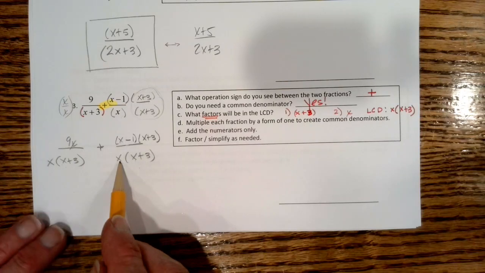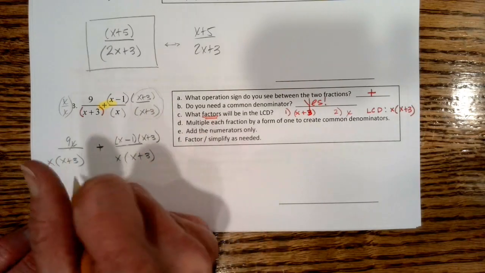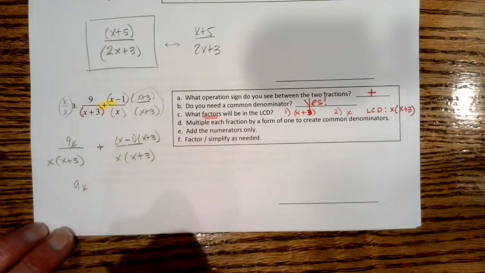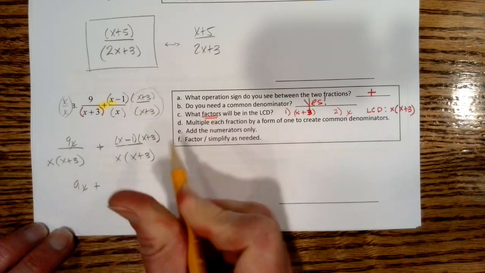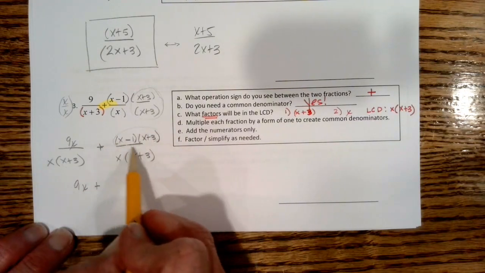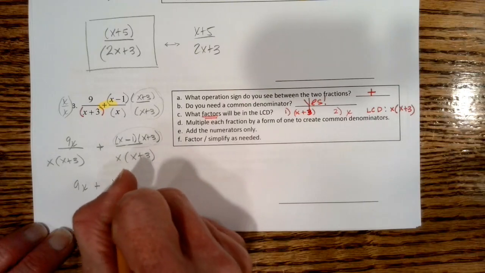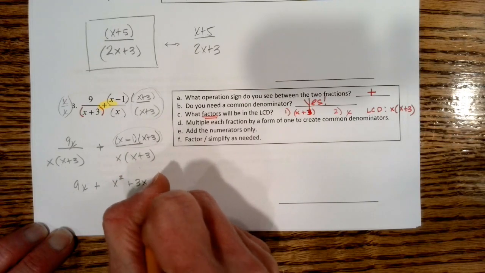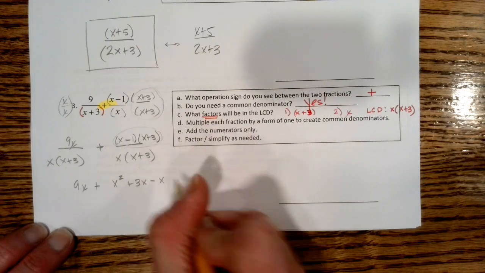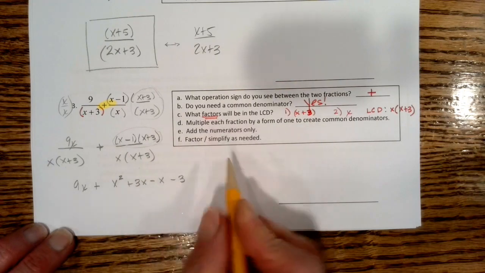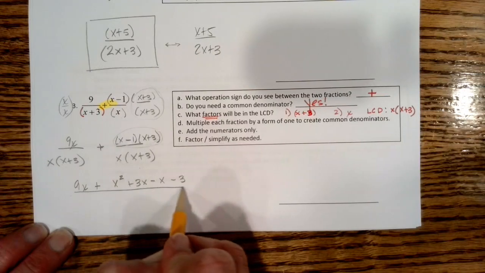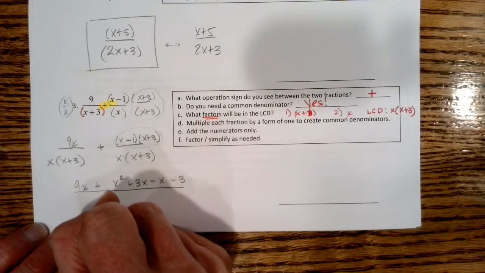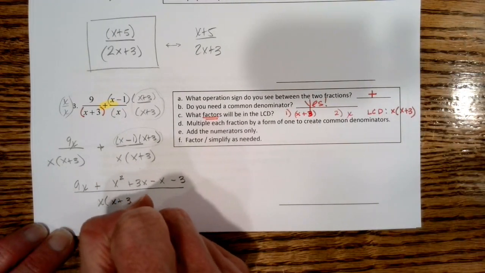So when I go ahead and I add these fractions together, I have 9x plus, now I need to multiply these together, x squared plus 3x minus x minus 3. And remember, that's all over my common denominator, x times x plus 3.